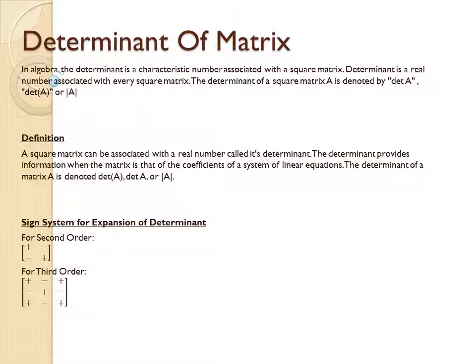These two things we have to just remember. The first one is very easy, plus minus, then the reverse, minus plus. For the third order, plus minus plus, then the reverse order, and then again the first order. You can see that no two adjacent terms are of the same sign. That is one thing to remember.